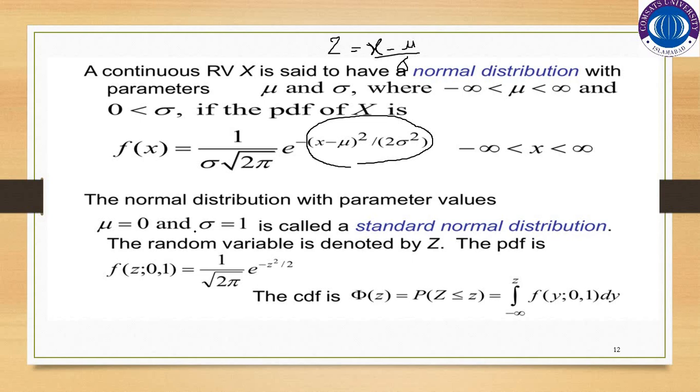So this is the PDF of the random variable x, and this is the PDF of the random variable z, which has mean 0 and standard deviation 1, which we call the standard normal distribution.